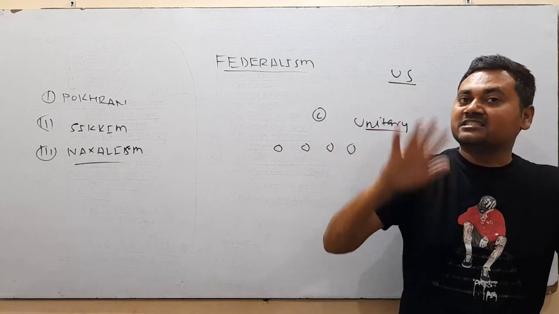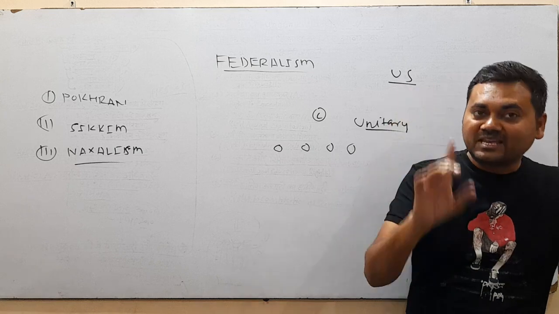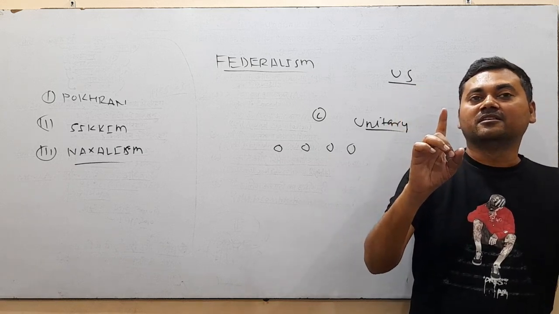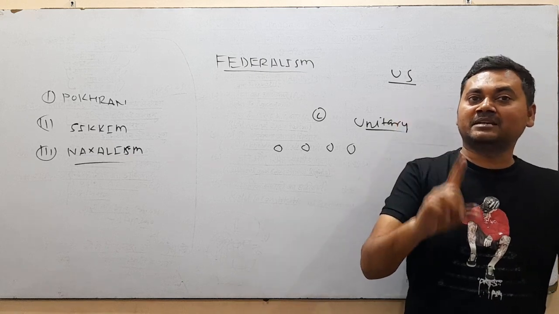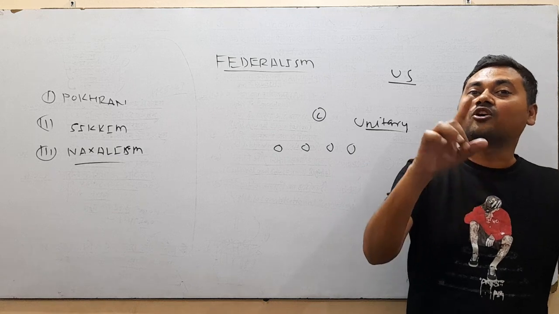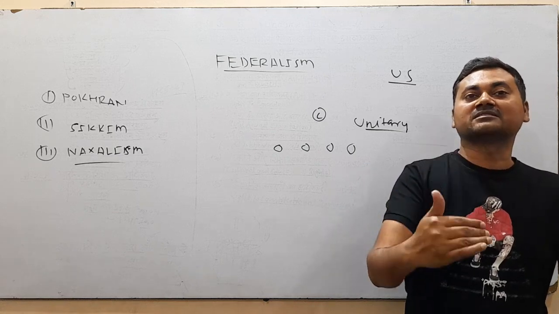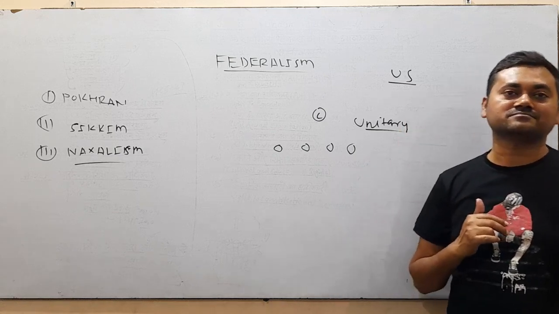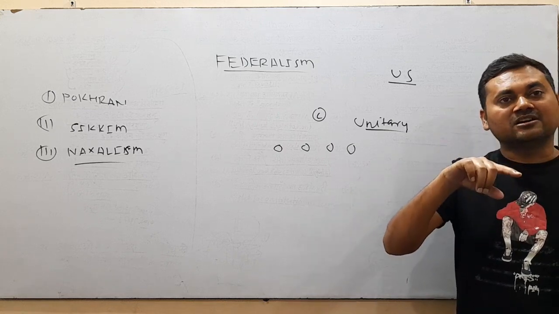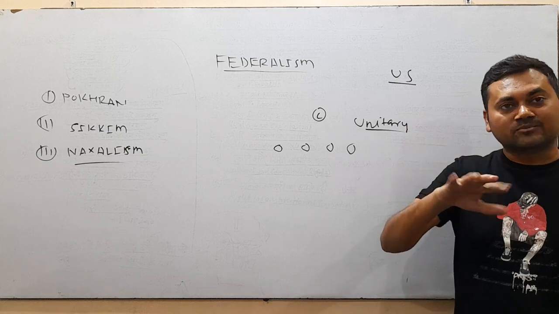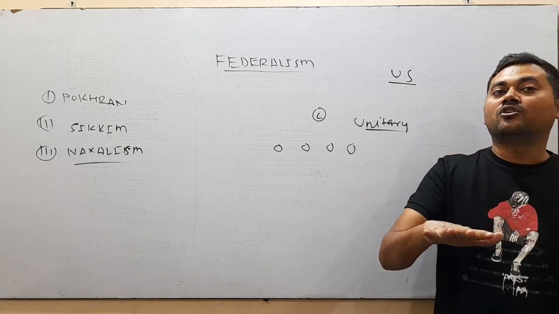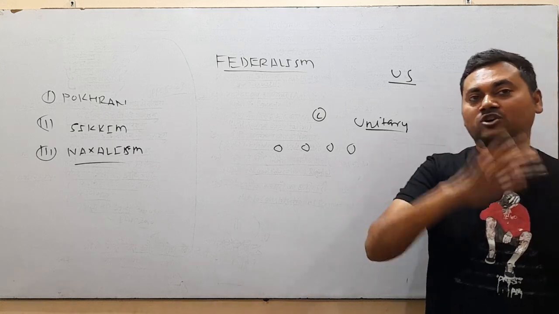If any change is required, then the change can only happen with a constitutional amendment, and that constitutional amendment requires the consent of more than 50% of the states of India. Because this nature of federalism which is being changed will affect the interest of the state governments as well.